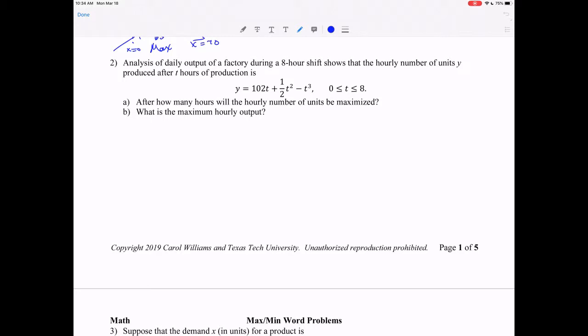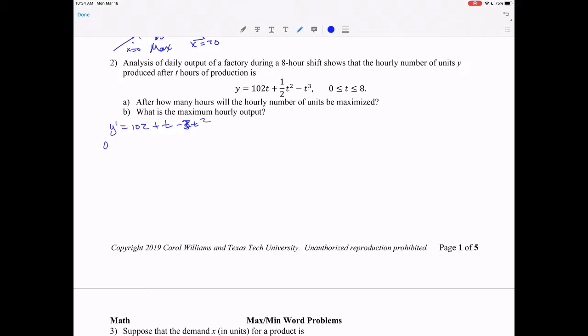All right, so we find the derivative. So y prime equals 102 plus t minus 3t squared. This is why I have it worked out next to me.